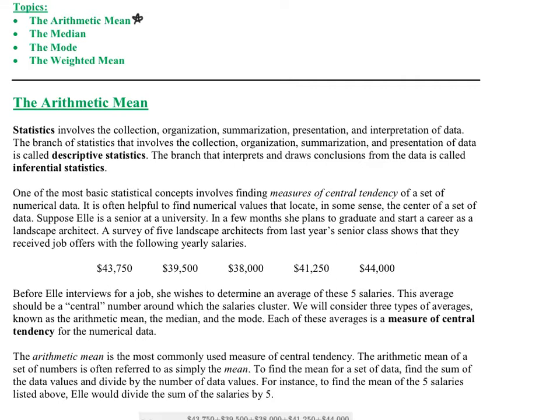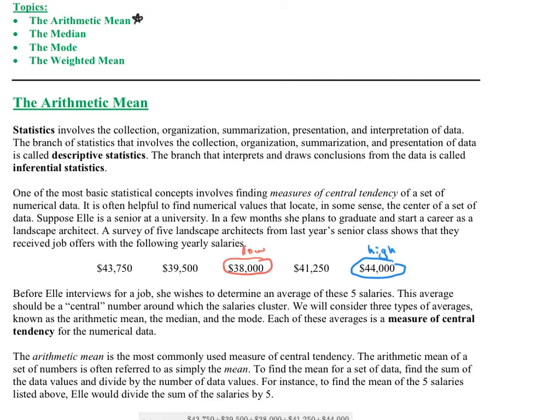Eyeballing this, the low looks like about $38,000, and the high salary I'm seeing is $44,000. So the question is, what kind of job offer should Elle expect when she goes to interview?